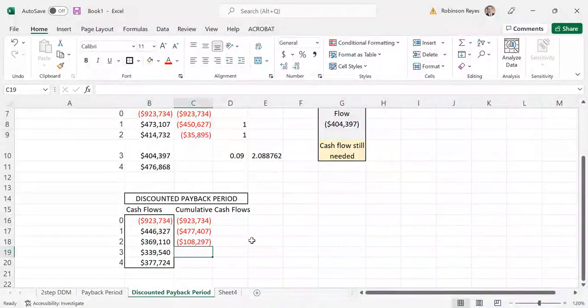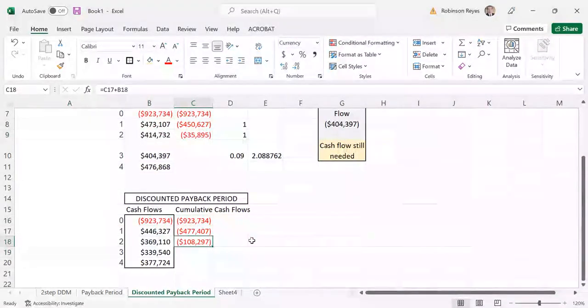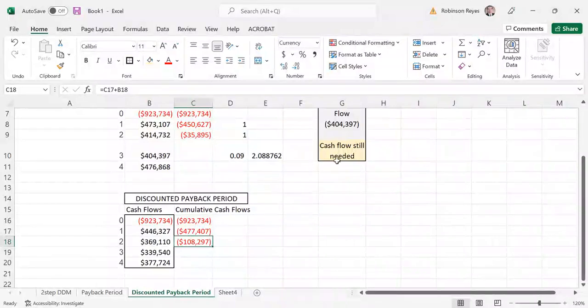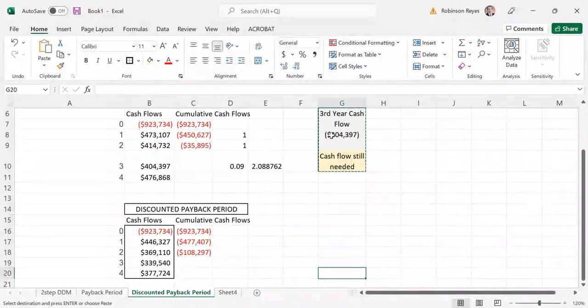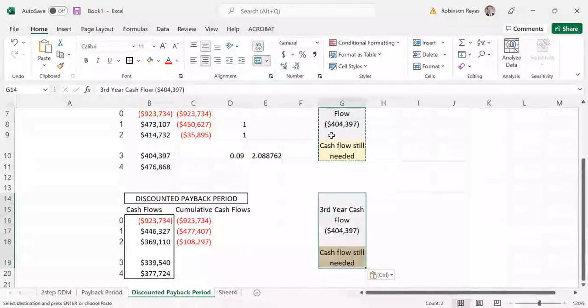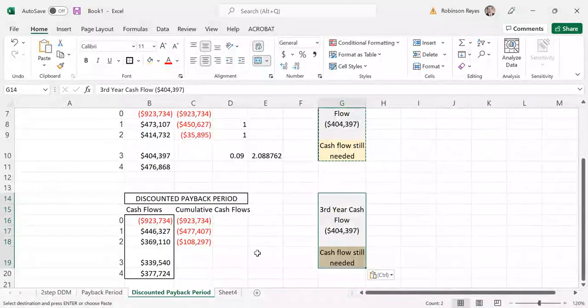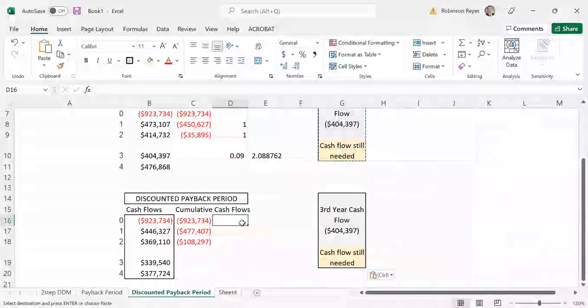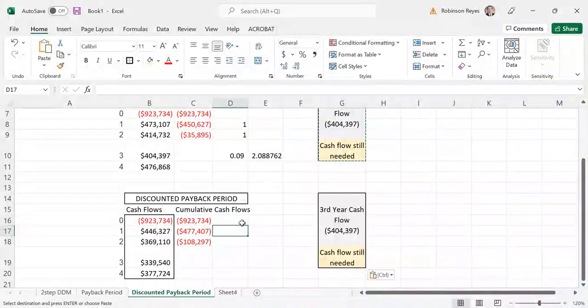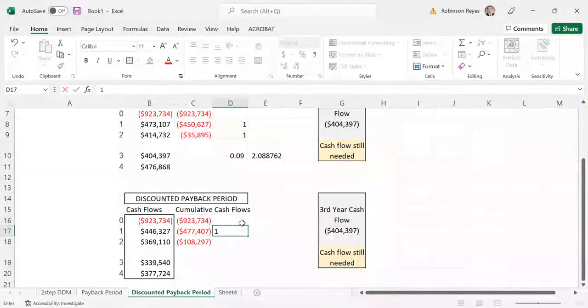But now this is what we asked before: we do not need the entire third year to recover our initial investment. We only need a little part of this third year. And the way to get it is exactly the same way we got it before. So first, let's use these numbers here. It took us 1 year, the entire year, yes.